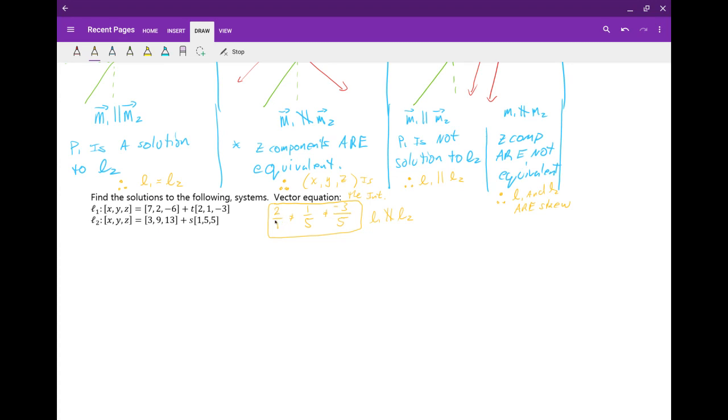Let me go back. In order for you to not be parallel, it's not that all three of them have to be unequal. Just one of them has to be not equal to the other two, or all three can be not equal. That would be non-parallel. Okay, so now that that's the case, what do I actually do? I take the x and the y components, okay?